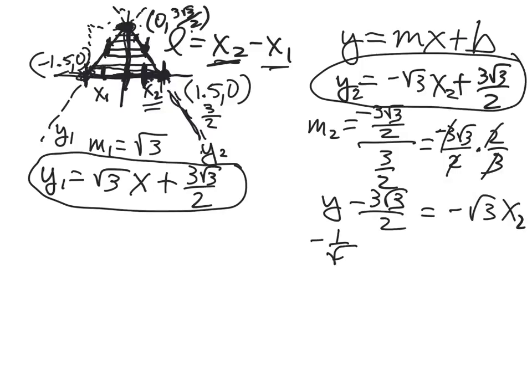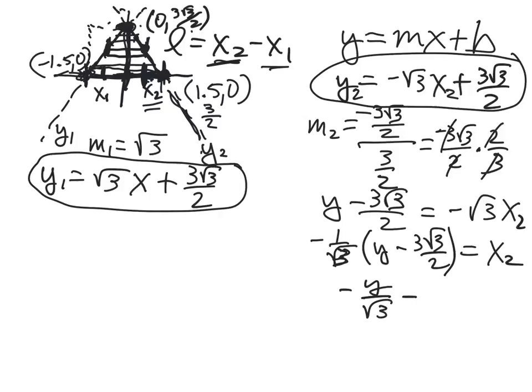Or, even though it looks uglier, think of it as multiplying by the fraction. I think it's going to be nicer as we simplify the form. Multiply that through and we'll have negative times a negative, square root of 3's cancel out. Okay, so there's our x sub 2. That's going to be the right side of every slice.